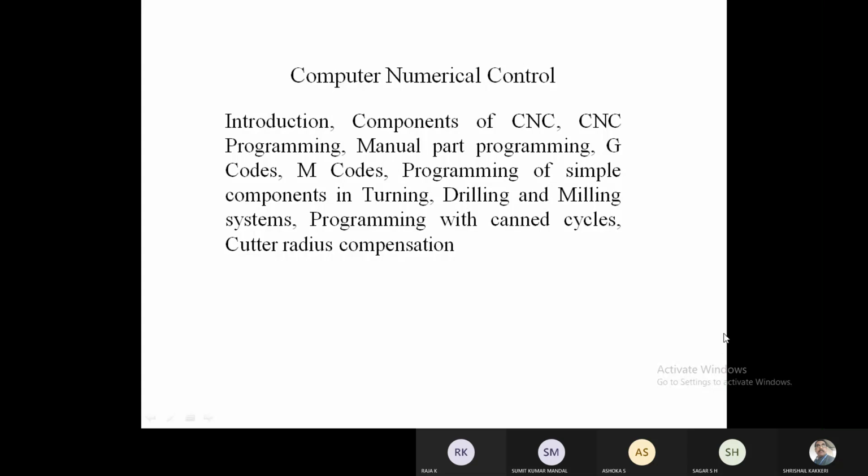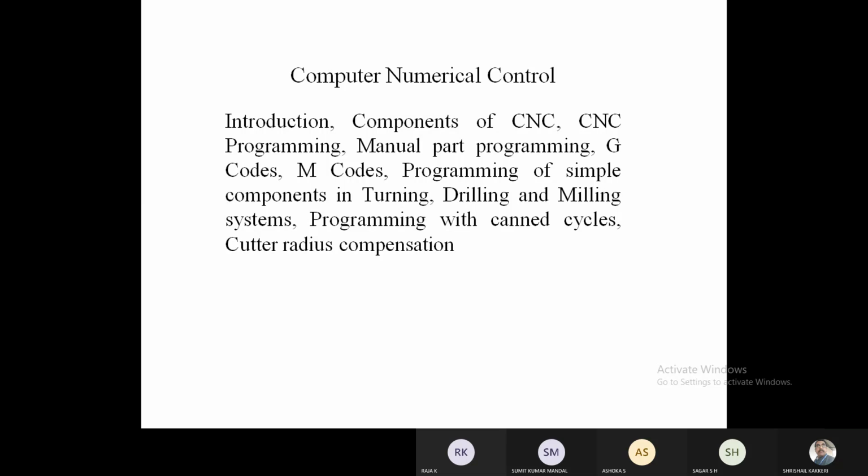Now, looking into the syllabus of numerical control machines, it is the fourth A portion. Already we have completed module 1, 2, 3 portions, and the 4th B portion, which is robotics. The A portion I am going to take up now is computer numerical controls.